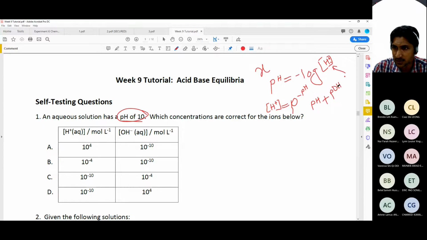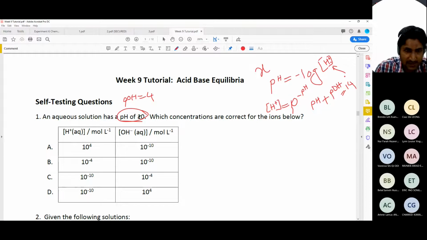This is another equation that will be required. So if we have pH of 10, obviously we have pOH of 4, because pH plus pOH is 14.